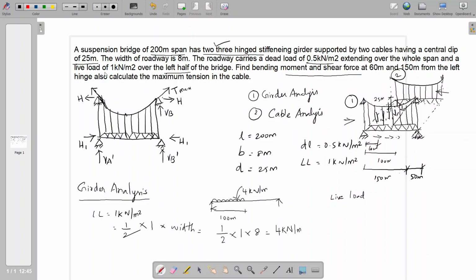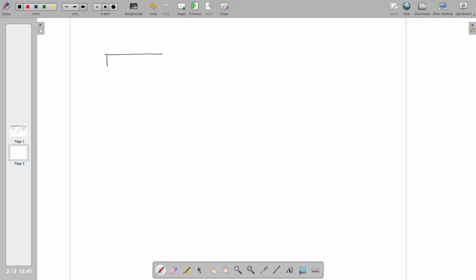We can specify the support reactions VA dash and VB dash, with half of the loading, 4 kilonewton per meter.